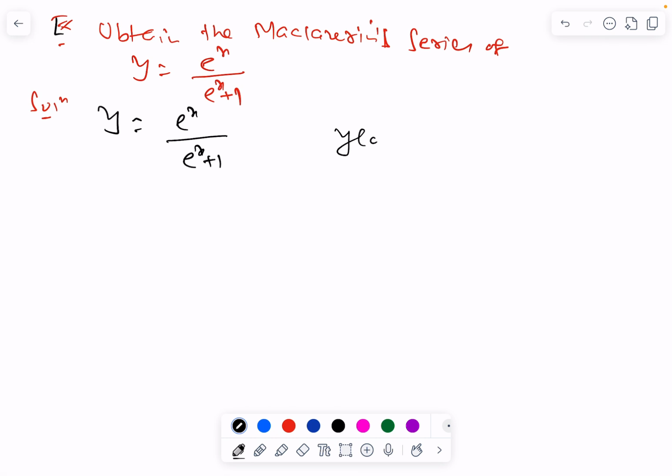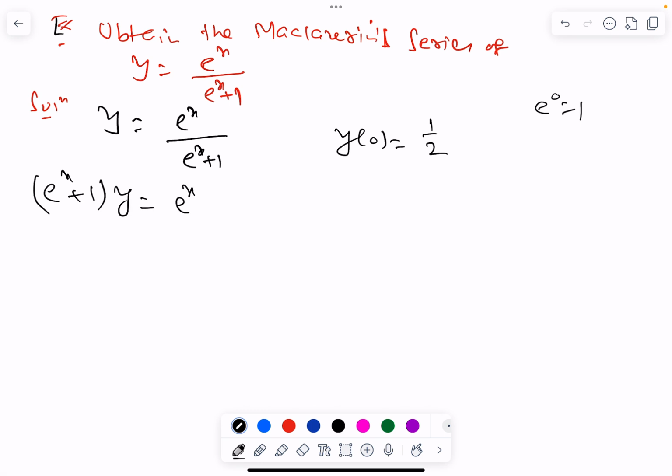So y at 0, e power 0 is 1, so that is 1 by 2. We can write this as e power x plus 1 into y equal to e power x. Let us differentiate.